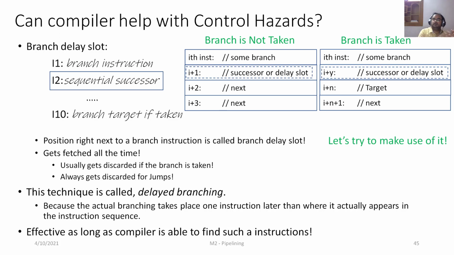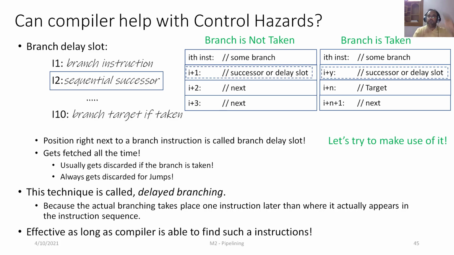And if you remember the basics that we discussed on how we can understand control dependence, it clearly says that we should not change the sequence such that a new instruction gets under the influence of the branch, or an instruction which is already under the influence of the branch comes out of its influence, right? So the compiler now needs to carefully pick such an instruction which would be executed no matter what, right?